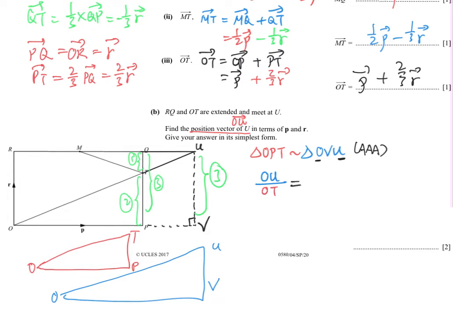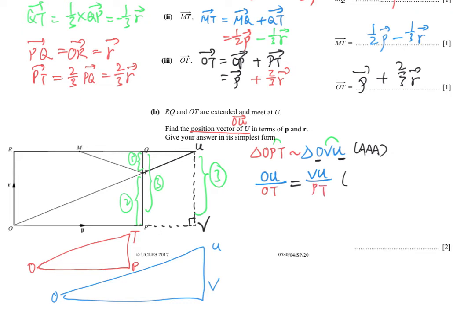This will be equal to, and then from the blue triangle, we need to pick another length. It can be OV or VU, but for OV, we don't have the magnitude or the ratio. But for VU, we do. It's 3, so we will pick VU here. When you pick VU, PT must be underneath, so you will pick PT here, from the red triangle.